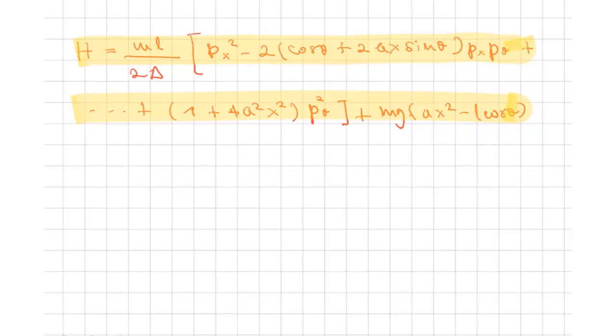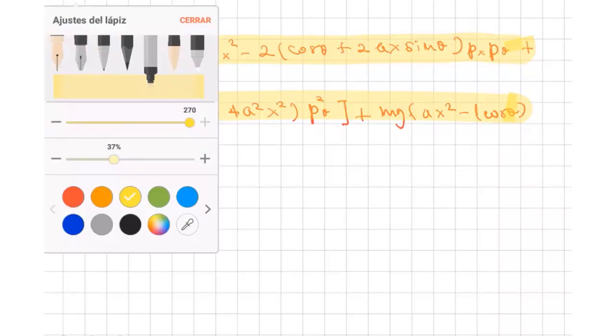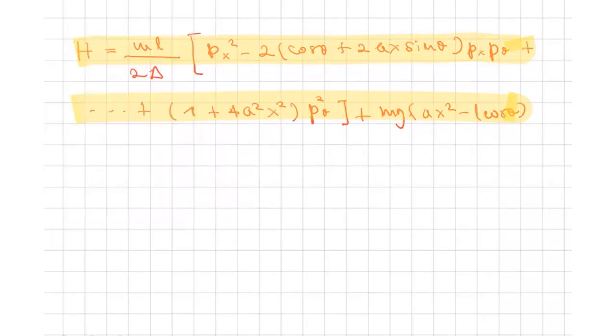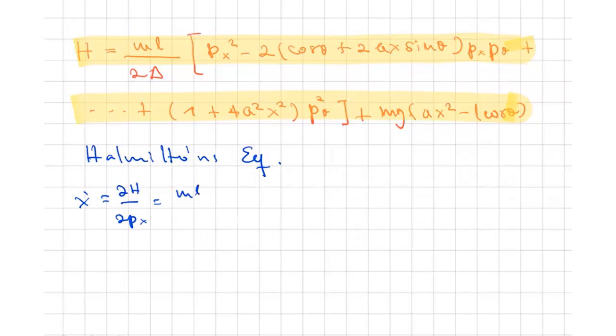All right, now we can calculate the Hamilton equations of the system. We remember the Hamilton equations are x dot equal to dH/dpx, that is equal to ml divided by 2 delta. Okay, it is the derivative of the Hamiltonian with respect to px.